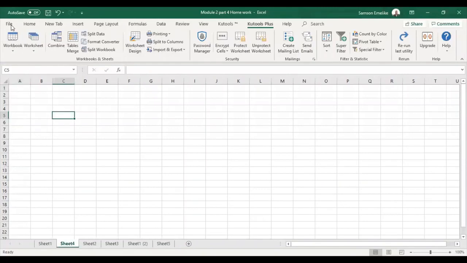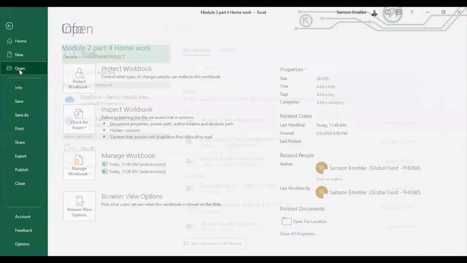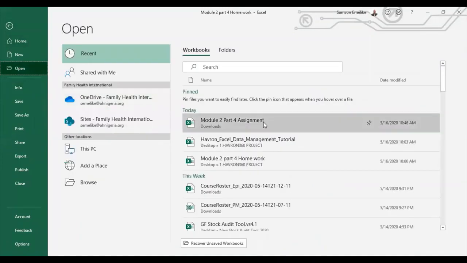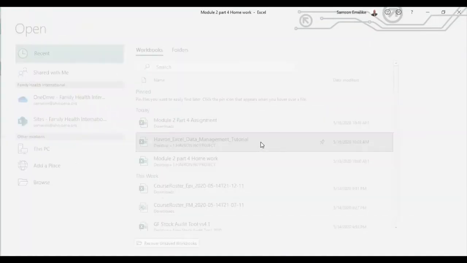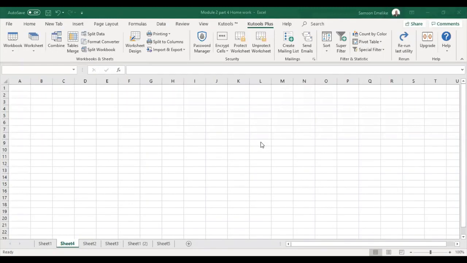I was developing one with states. Let me see if I can open my database management where I have the states. Let me stop sharing that and then share this one, our database management.